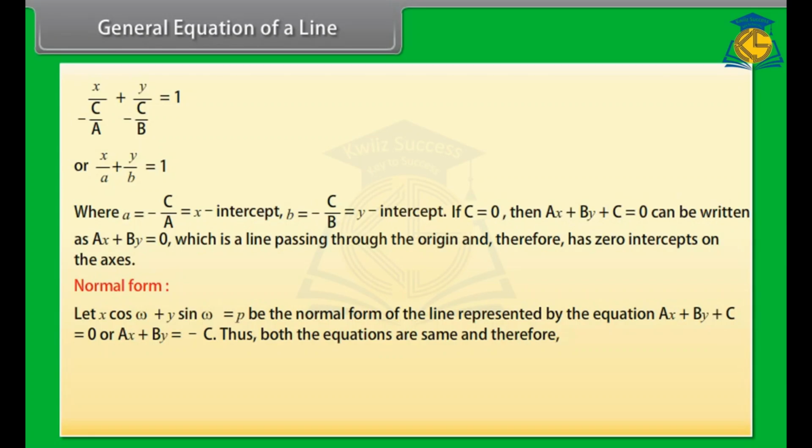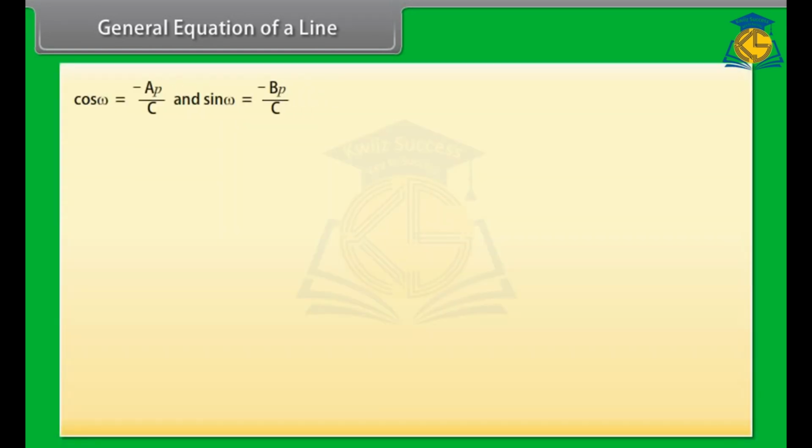Thus both the equations are the same, and therefore a/cos ω = b/sin ω = -c/p, which gives cos ω = -ap/c and sin ω = -bp/c. Now sin²ω + cos²ω = (-ap/c)² + (-bp/c)² = 1.